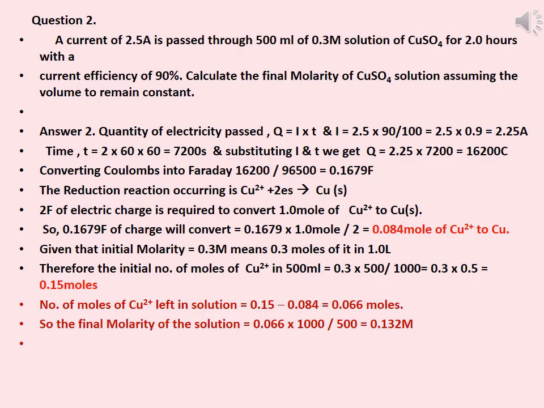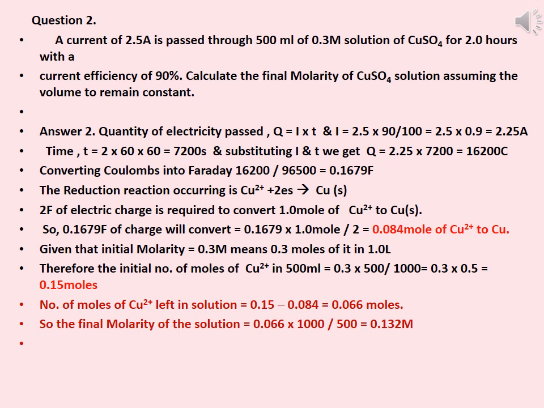First, we need to calculate the quantity of electricity passed in coulombs, which is Q. Q is equal to current I into time t seconds. But it is given that the current is 2.5 amperes and the current efficiency is 90%.